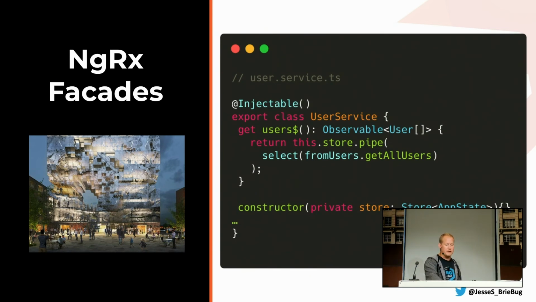So here we're injecting the store into the service, and I'm saying this.store.pipe, return that using the selector from users, get all users. Same exact interface as what we were using before with the behavior subject, but now we're using NgRx instead of a behavior subject.